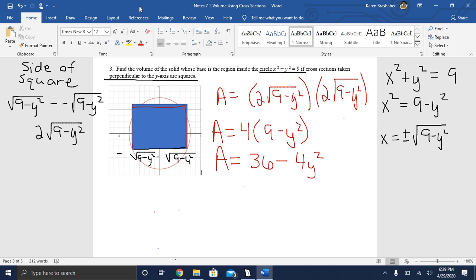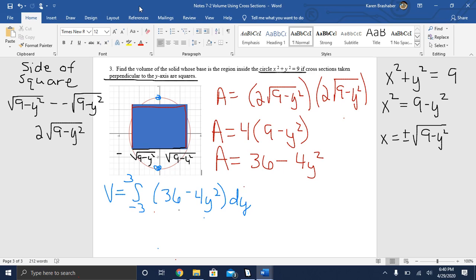So now we're going to calculate the volume of the solid by integrating. Now you're integrating along the y-axis this time. So we're going to want to go from negative 3 to positive 3 along the y-axis. And we're integrating the area, 36 minus 4y squared dy.